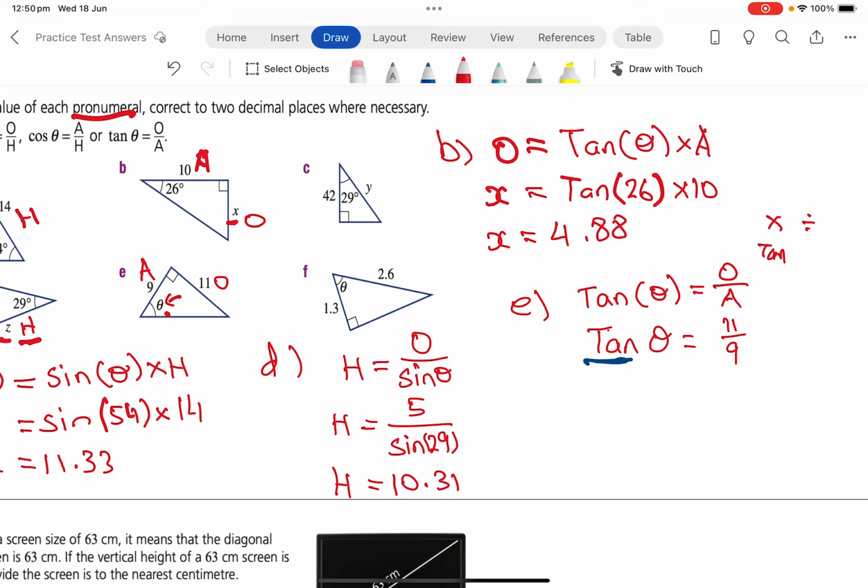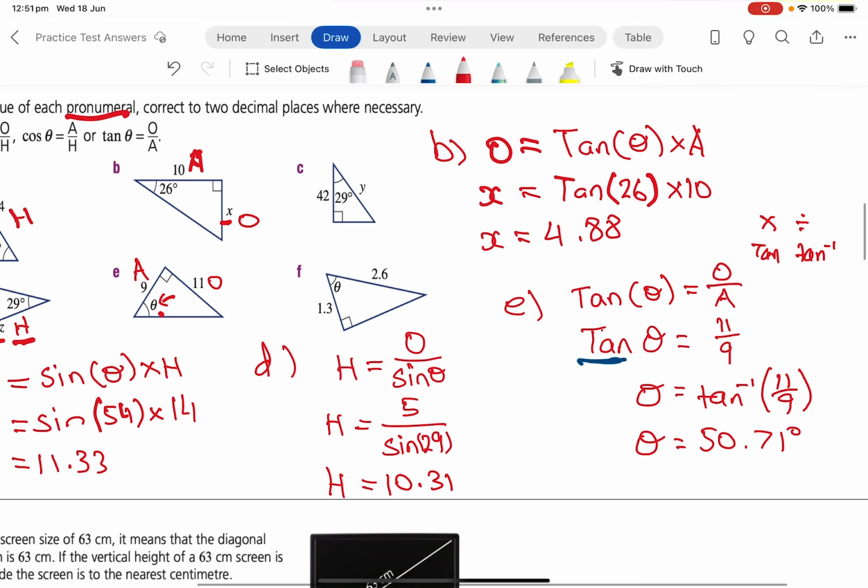Opposite of tan is tan inverse, or tan with a little -1. So moving the tan across, we get tan inverse of 11 over 9. To put that in the calculator, I'm going to have to press shift first and then tan, and we get 11 over 9 inside of the brackets, which gives us 50.71. We're always measuring in degrees with our angles.